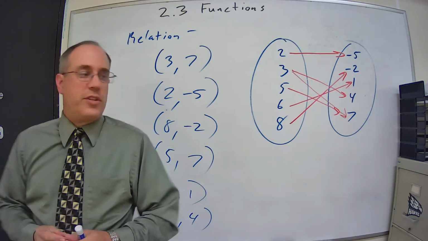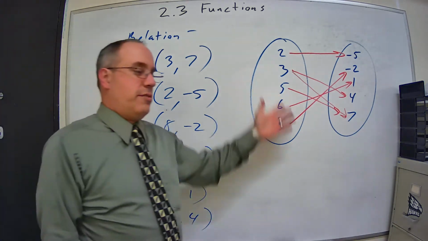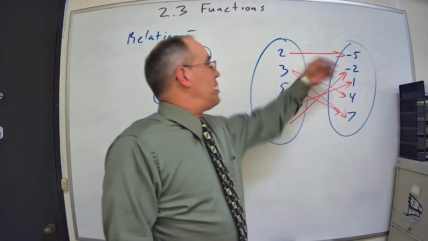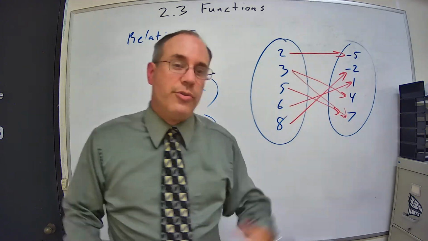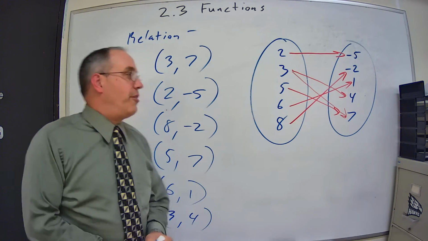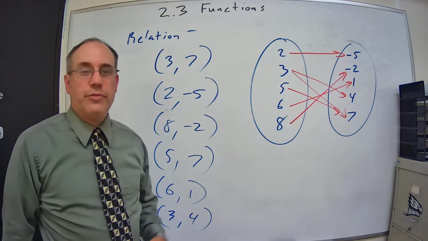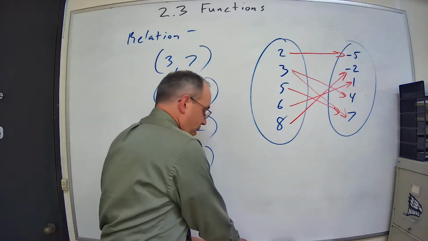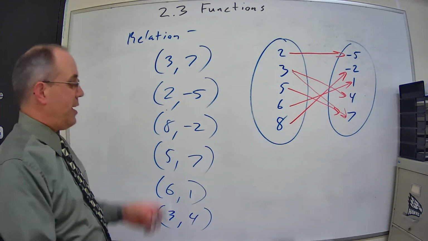And that demonstrates visually my relation. I've got a whole bunch of inputs, a bunch of outputs, and they all tie to each other. Each input ties to an output. So that's a relation.